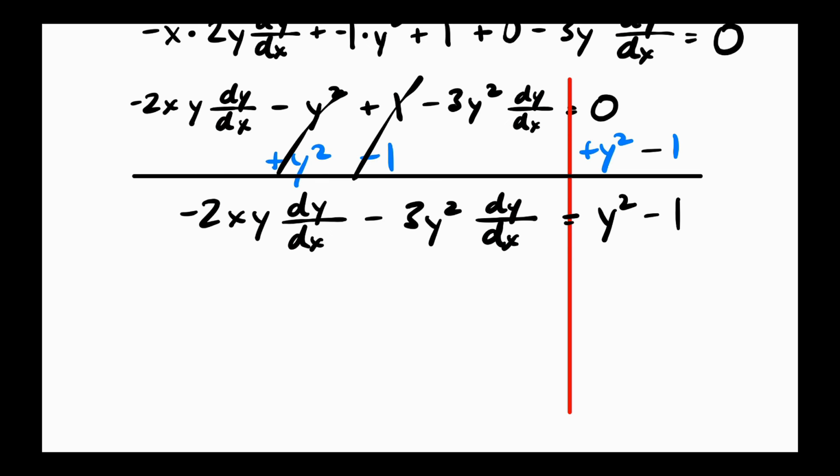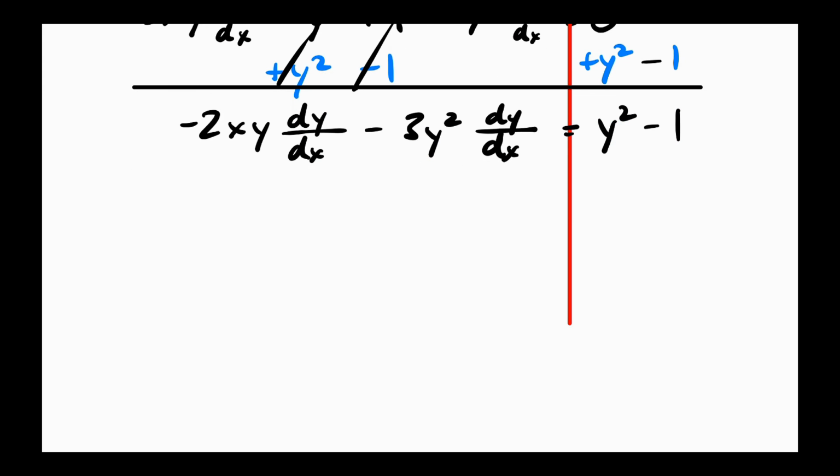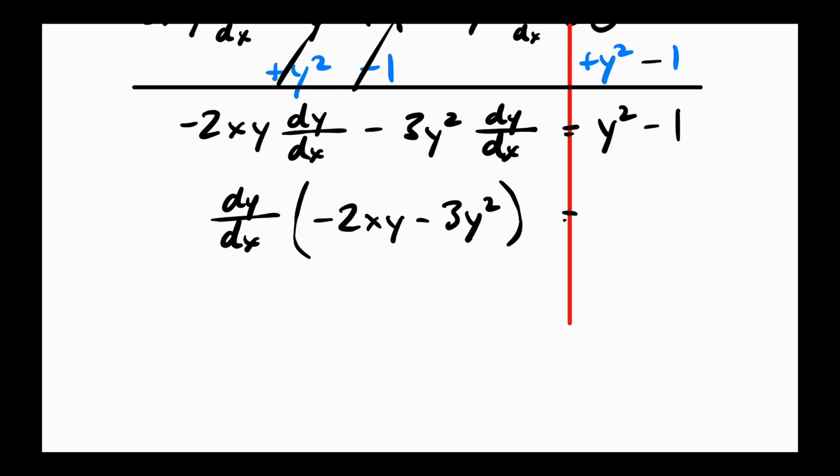Okay. Factor out dy over dx. That leaves negative 2xy minus 3y squared.